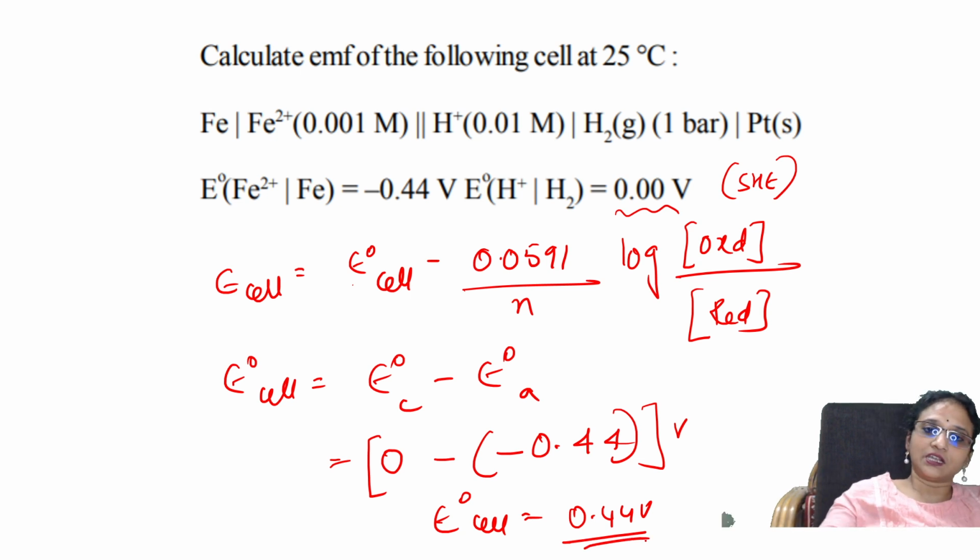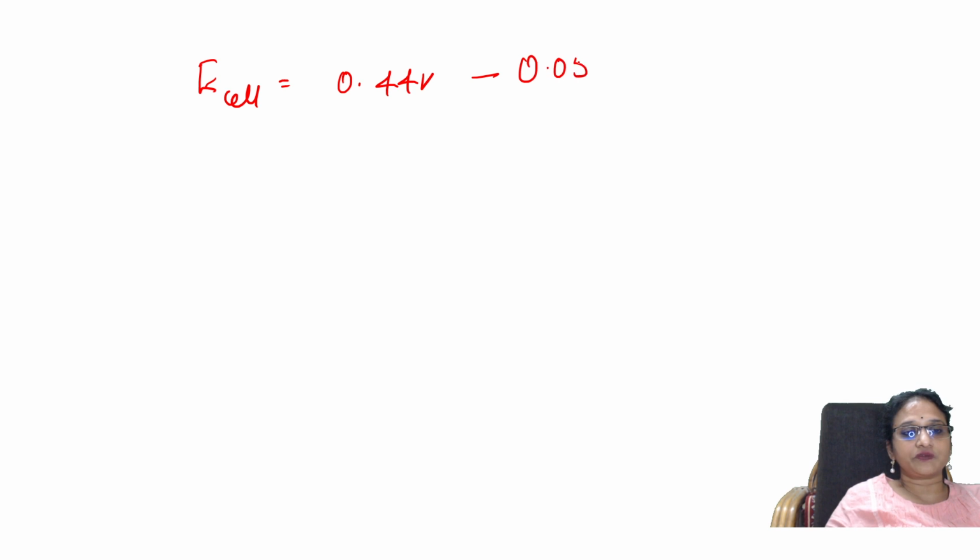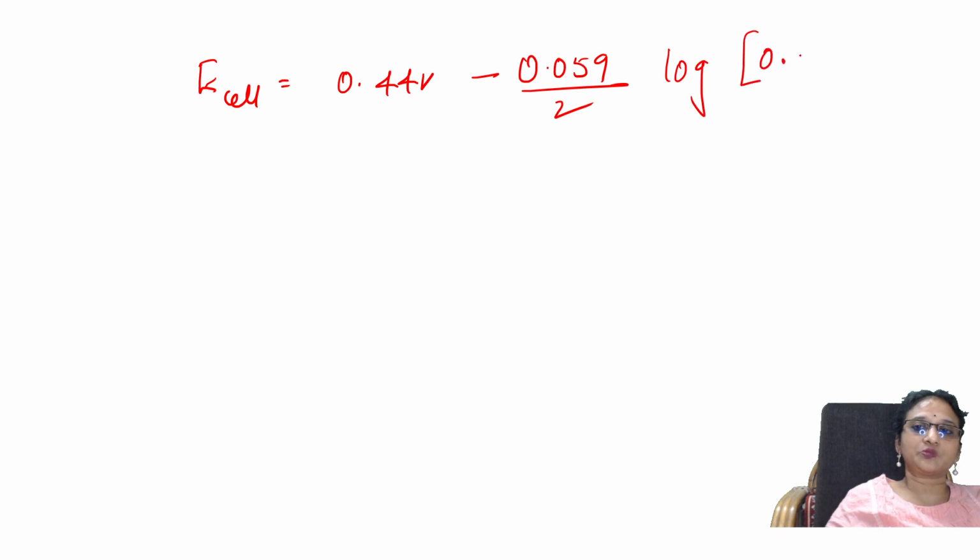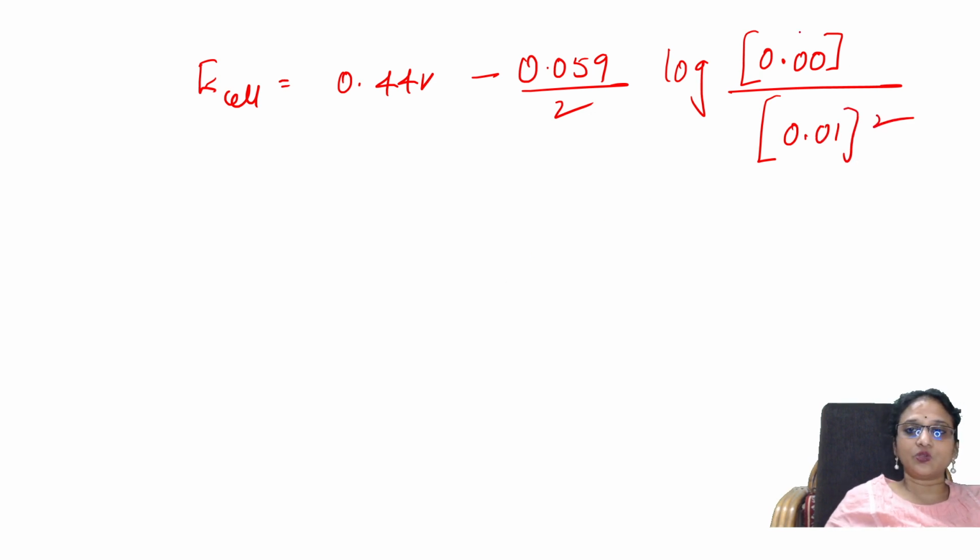Clear, students? Now take it and apply it in the Nernst equation. E cell is equal to 0.44 volts minus 0.0591 by 2 log. Oxidized part is how much? 0.001. How much is reduced part? 0.01 square. Now you can write this as under base 10, this is base 10, this is base 10.